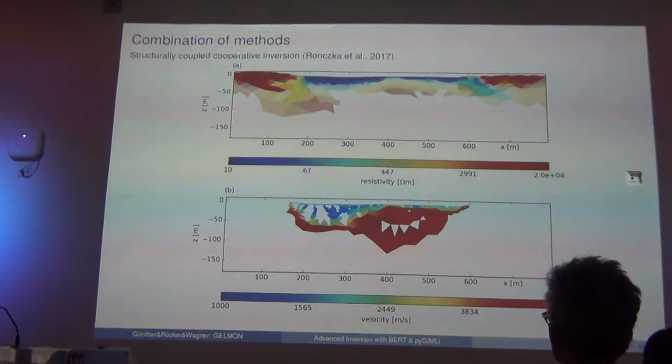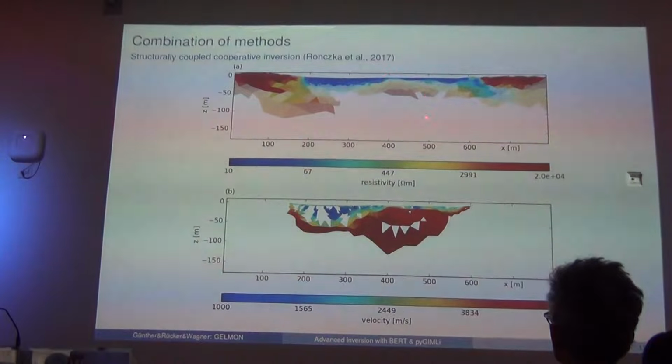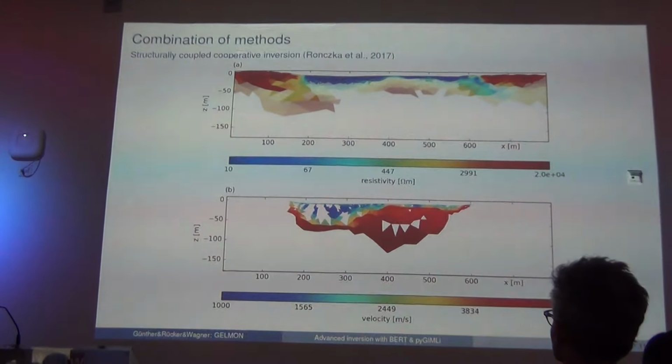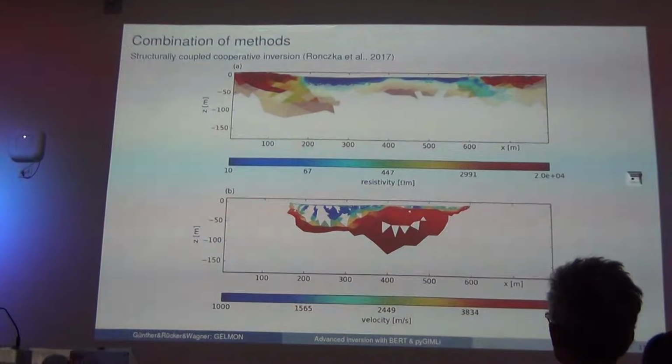And the fourth idea I want to present is just a combination of methods. That's very easy. We also had discussions about this one. That's just an example from a former PhD student from Lund University, Matthias, who did resistivity and refraction seismic combination. We have two methods with completely different resolution, different coverage, different advantages and disadvantages.